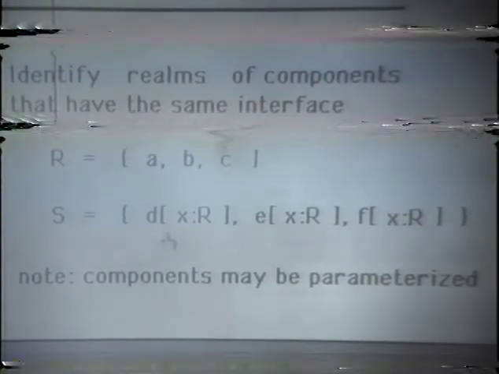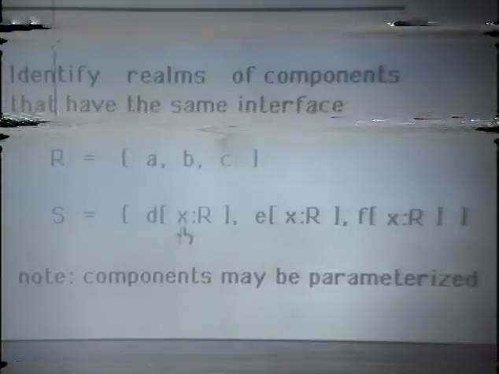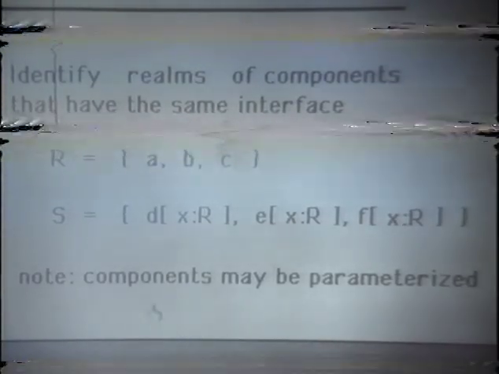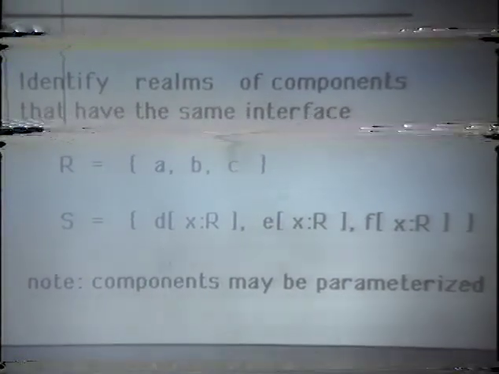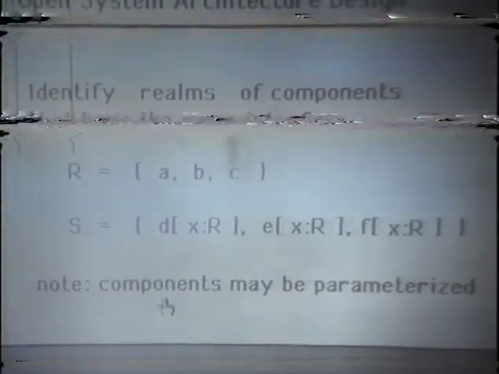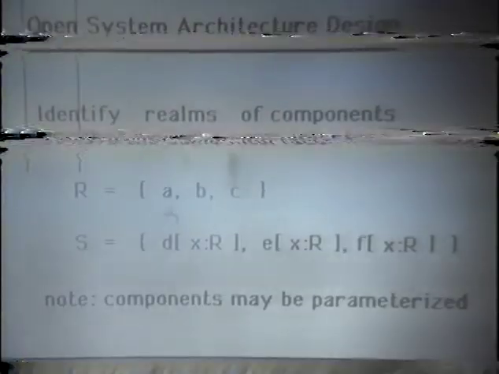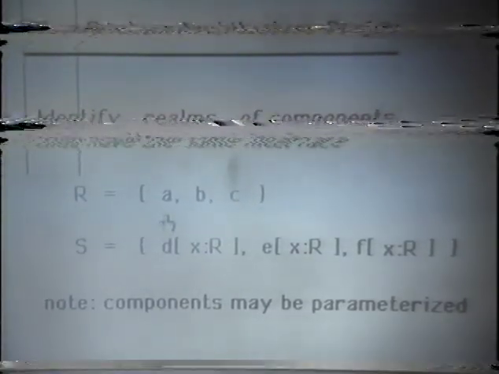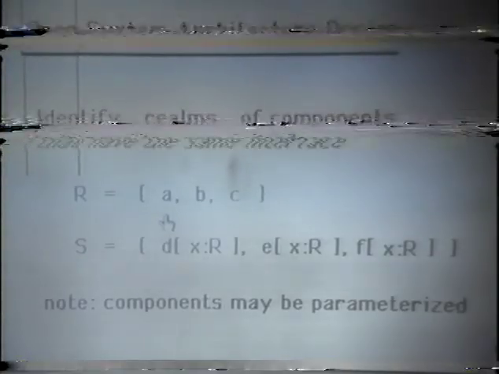For example, all components of S have a single parameter, which is of type R. You can think of components as parameterized types. But what's important here is that each one of these components has exactly the same interface, which means that they are plug compatible and they're interchangeable.